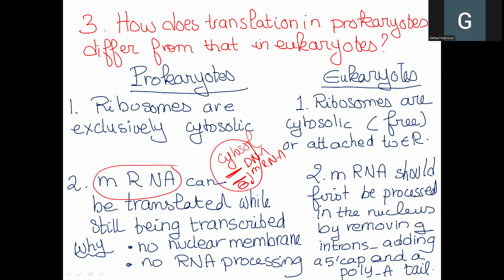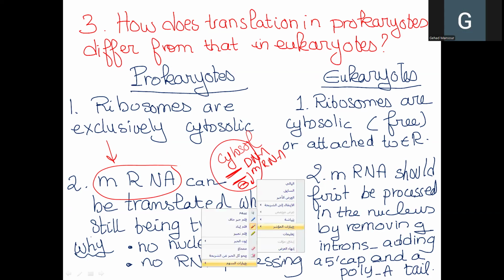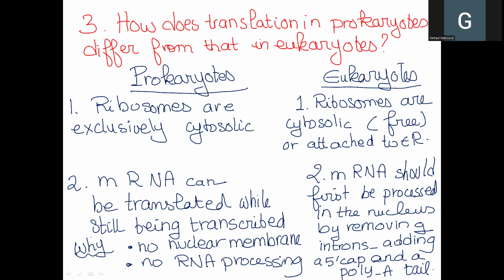We do not need processing because there are very, very few introns. So in prokaryotes, the process is much simpler. Messenger RNA can be translated while still being transcribed because there is no nuclear membrane and there is no messenger RNA processing.